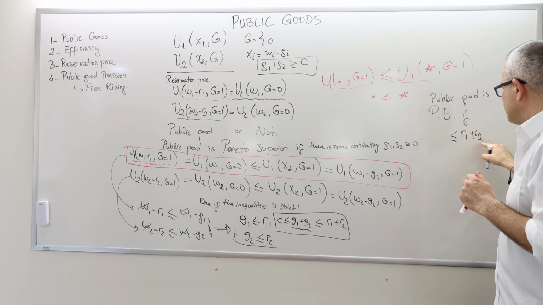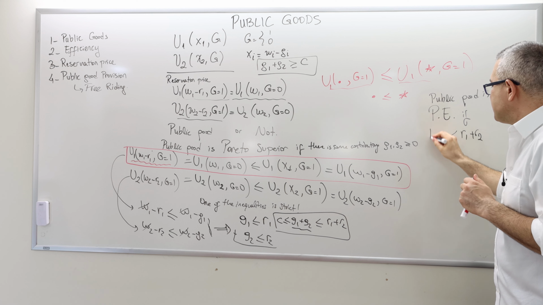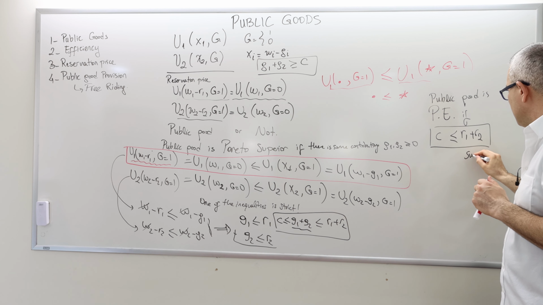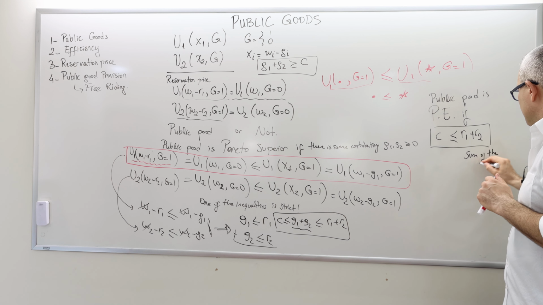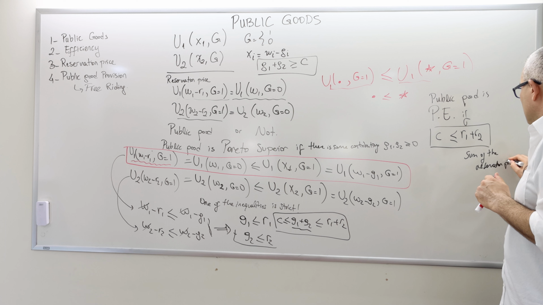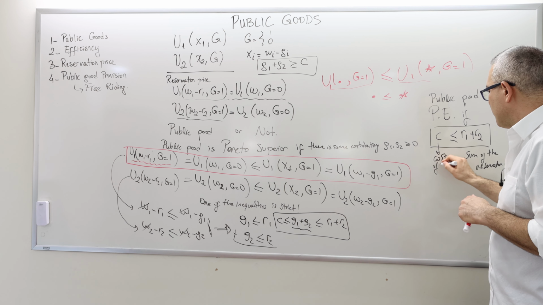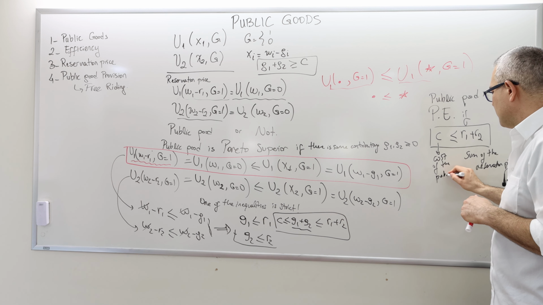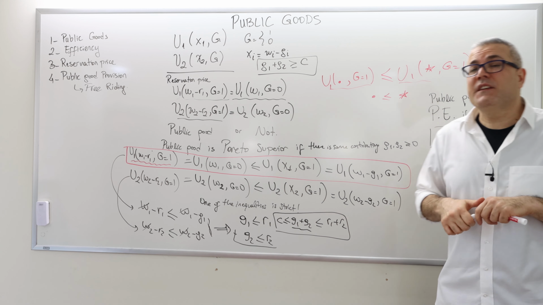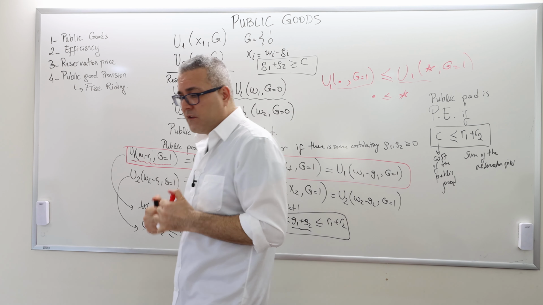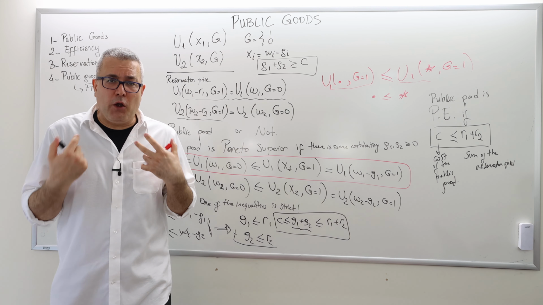The sum of the reservation prices should exceed the cost of the public good. If this is the case, well, then the public good is efficient. It makes perfect sense, right?